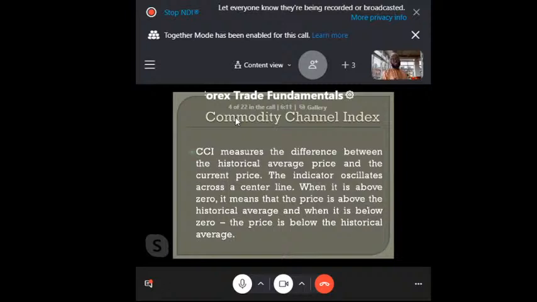CCI measures the difference between the historical average price and the current price. The indicator oscillates across a center line. It goes up and down around a central line. When it is above zero, the price is above the historical average, and when it is below zero, the price is below the historical average.